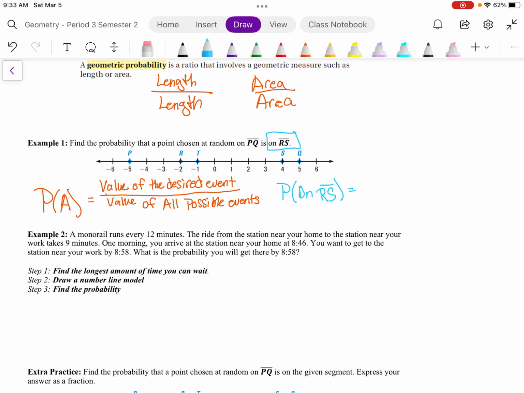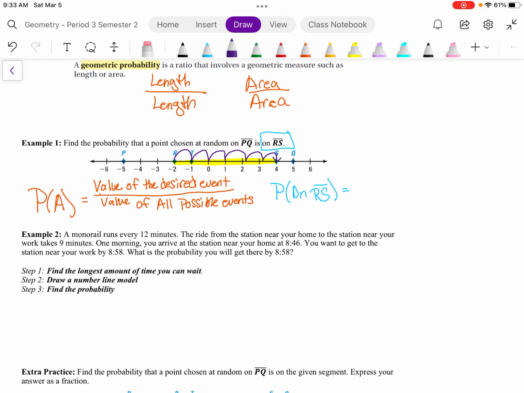So we're trying to find the probability it lands on RS. So we're going to highlight from R to S, and we need to figure out what that length is. And we're going to count the spots just like we would if we were counting on a game board. So if we start at R, we would go 1, 2, 3, 4, 5, 6. So the desired outcome is 6 total points that we could have.